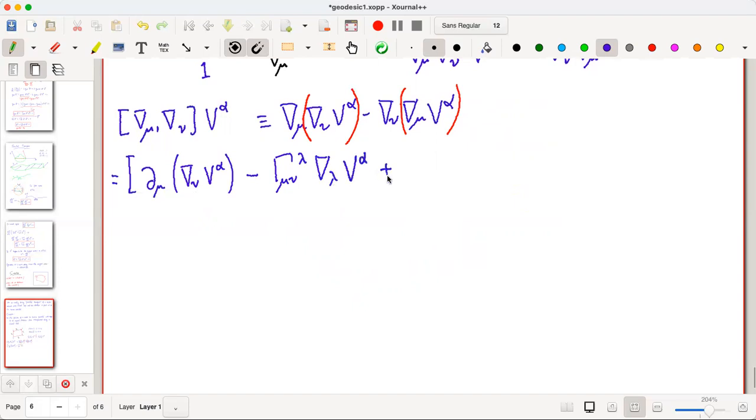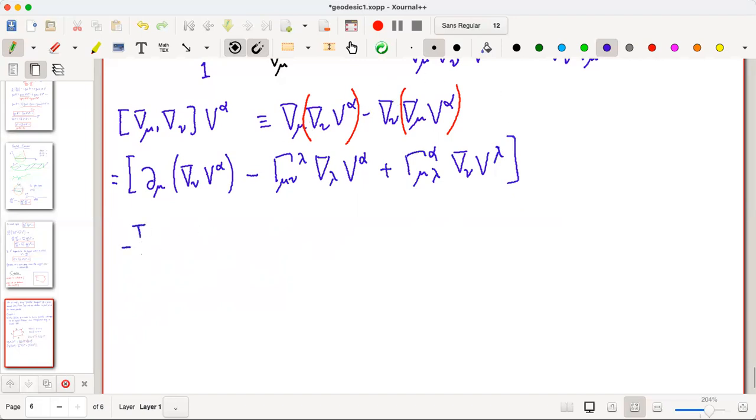Okay, now let's work on the alpha index. So this is gamma alpha mu lambda del nu v lambda. Okay, so minus the second term.